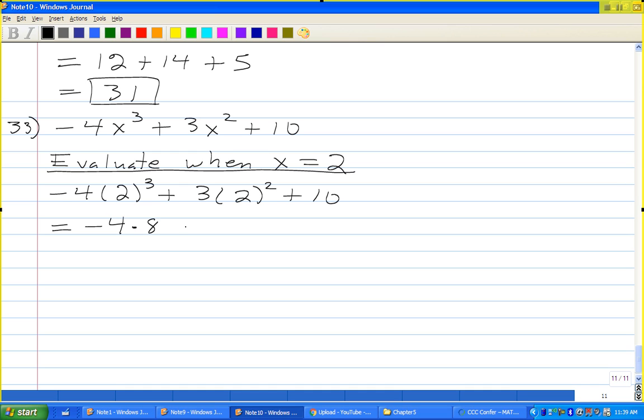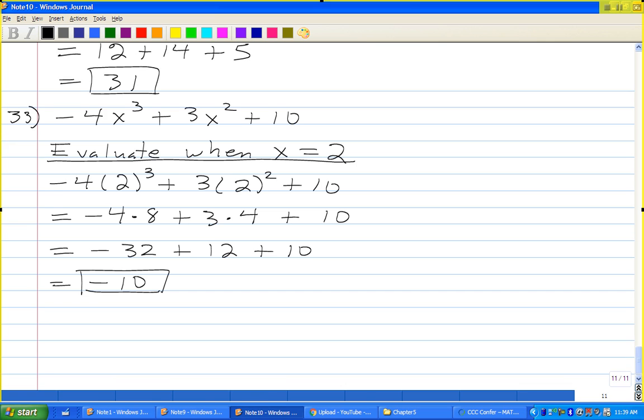Negative 4 times 8 plus 3 times 4 plus 10. Negative 32 plus 12 plus 10 is equal to negative 10. Negative 32 plus 12, negative 20 plus 10, negative 10.